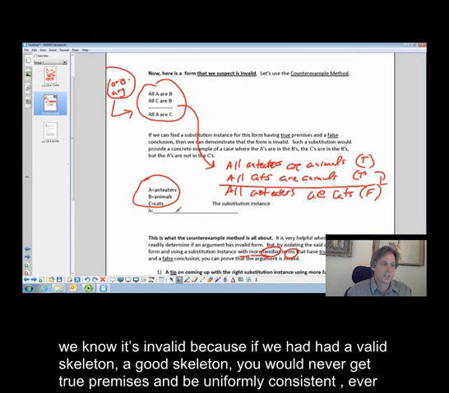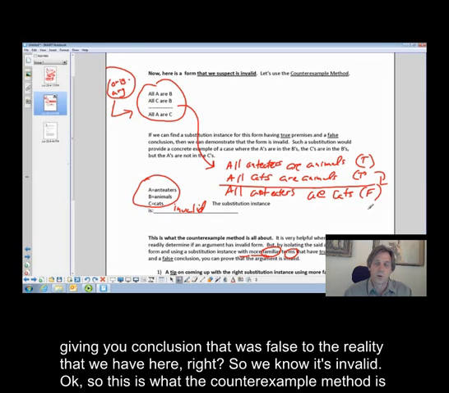Therefore, we know it's invalid, because if we had had a valid skeleton, a good skeleton, you would never get true premises, being uniform and consistent, ever giving you a conclusion that was false to the reality that we have here, right? So we know it's invalid. Okay, this is what the counterexample method is all about.